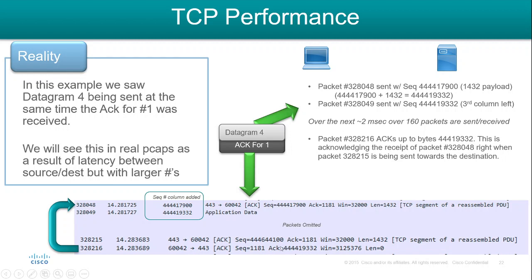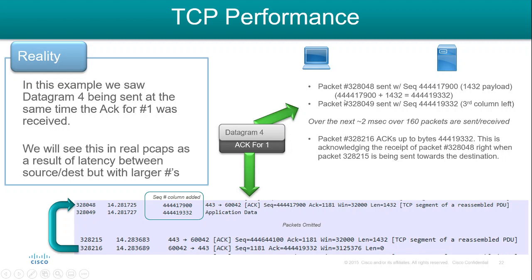That is not correct. This acknowledgement is for packet number 328048. And I've got some of the math here in the top right hand corner of what exactly this looks like. We could see that there's their starting sequence number, and then the length is equivalent to our payload, so a length of 1432.